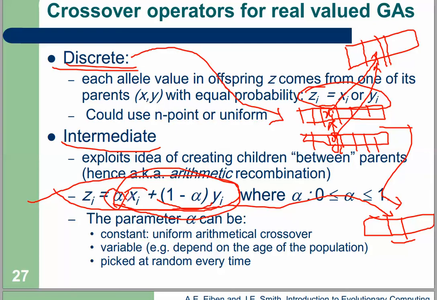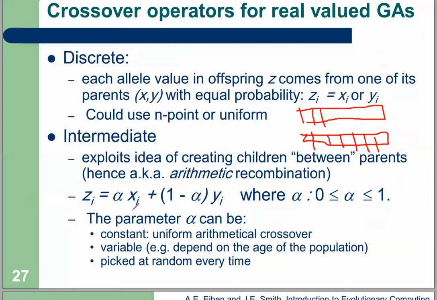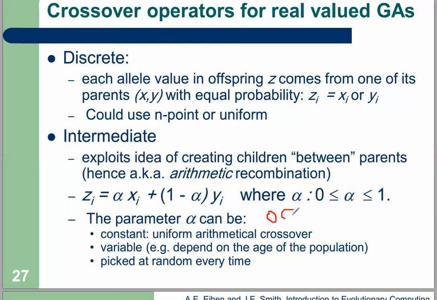Alpha is a value that shares the percentage of each parent. If alpha is equal to half, it shares both values equally.